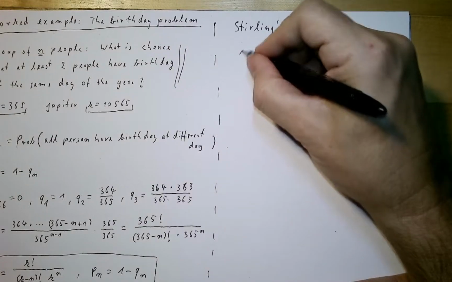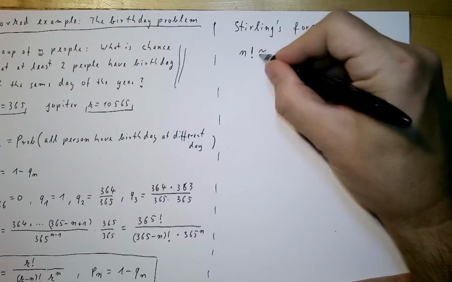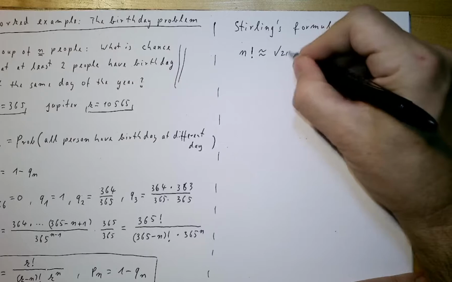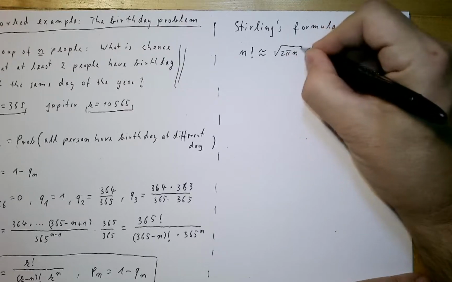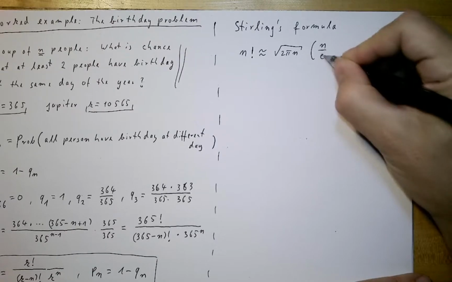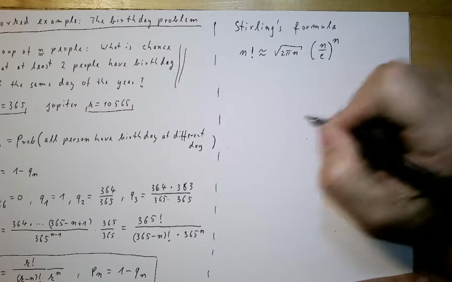And this goes like this: if we have n factorial, we can approximate this by square root of 2 pi n times n over e, where e is the Euler number, to the power of n.